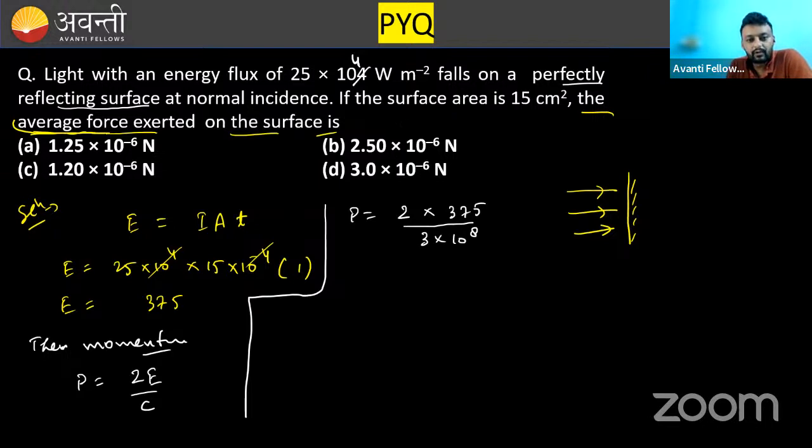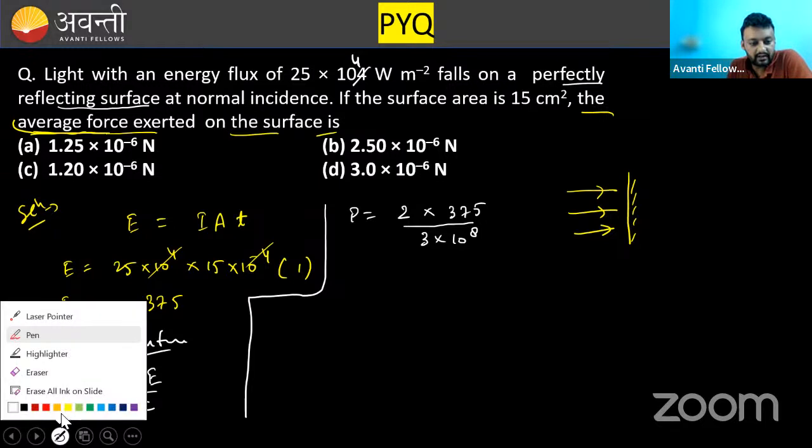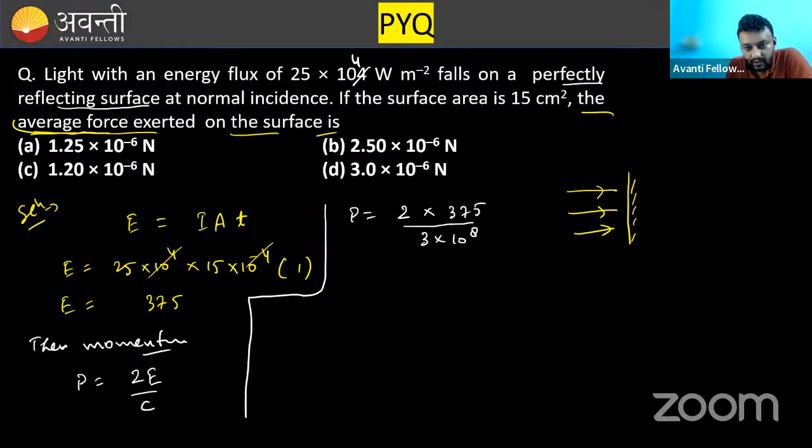Clear? Okay, Gauri is saying option number B. So let's check it again. I think you can solve it. 3 ones are 3, 2, 5. Clear? Am I right in calculation now? That is 250 into 10 raised to the power 8. This is the momentum. Now we got the momentum. This is the transfer of momentum. That means change in momentum.